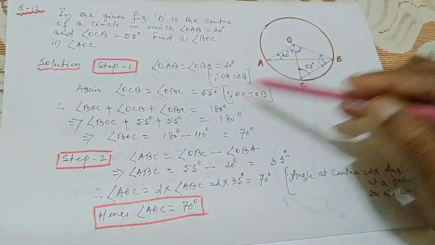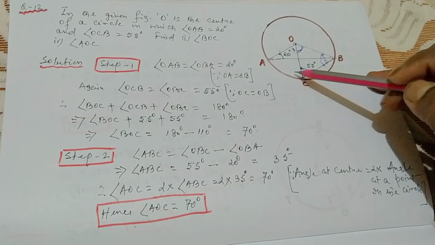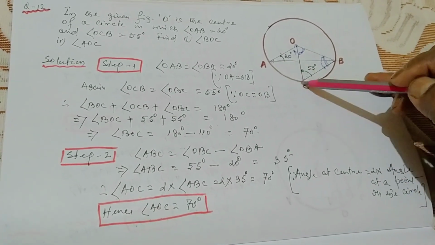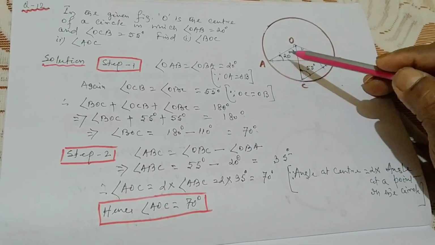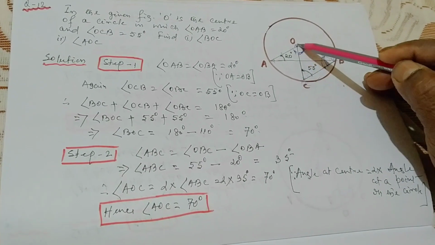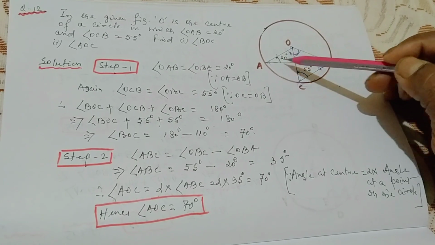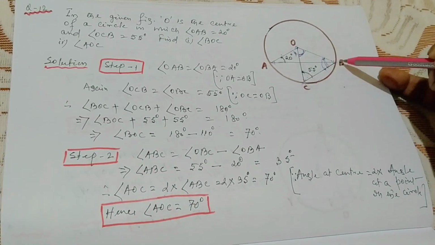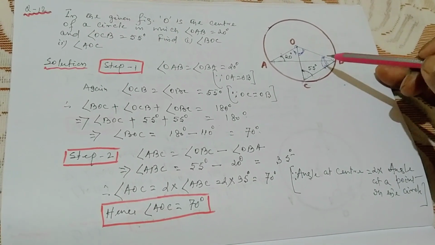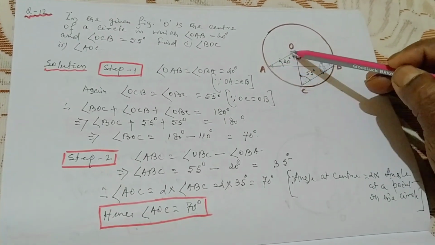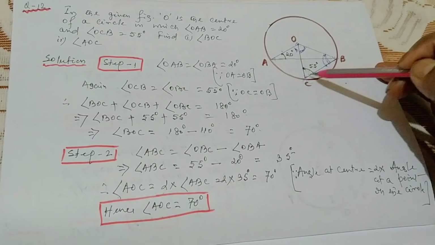Now angle AOC, this angle we have to calculate. Now just observe that the minor arc AC makes an angle AOC at the center of the circle, and the same minor arc makes an angle ABC on the circle at the point B. That is why the value of the angle AOC is equal to 2 times the value of the angle ABC.